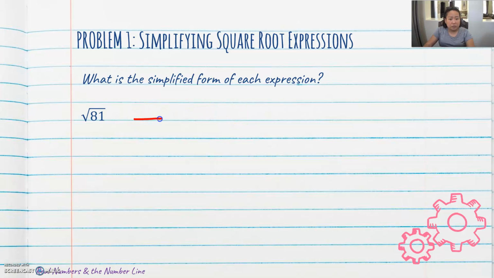Thinking about that with your multiplication table, you know that this number will be 9, since 9 times 9 is 81. Therefore, the square root of 81 is going to be equal to 9.